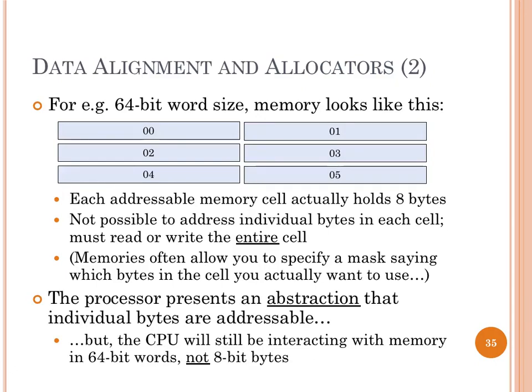So we have abstractions, even in the hardware. The processor is presenting to us, the programmer, an abstraction that I can read and write individual bytes. And it's like, yes, you can, but behind the scenes, I've got to be interacting with the memory in 8-byte chunks. Everybody got that? This is really important.